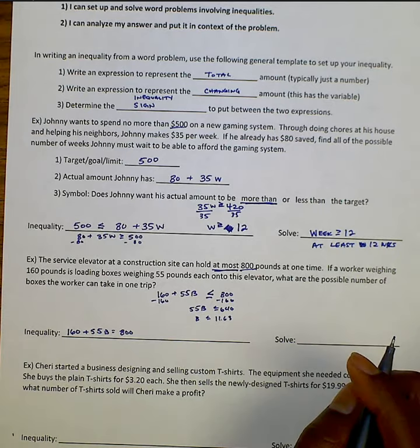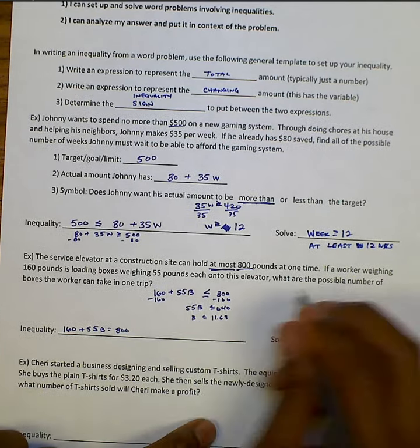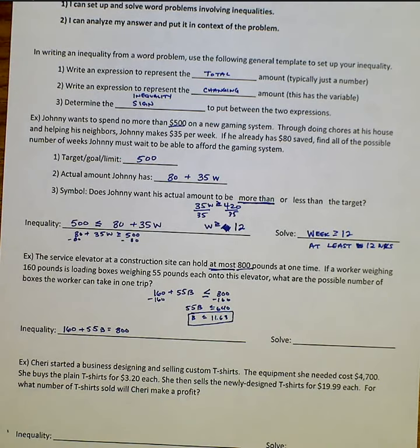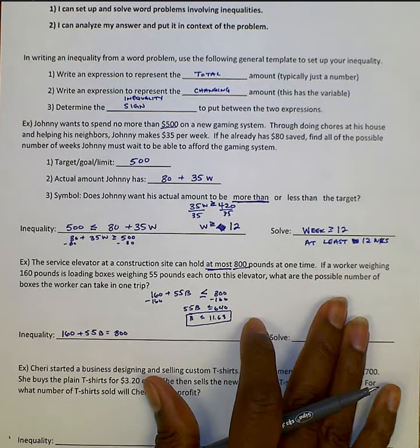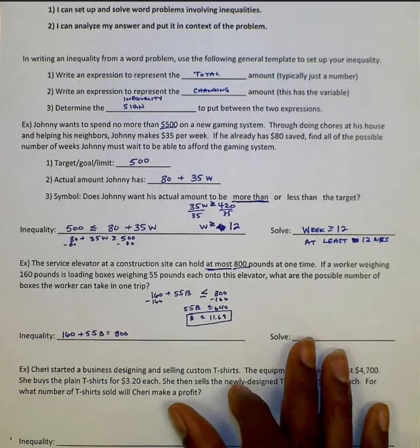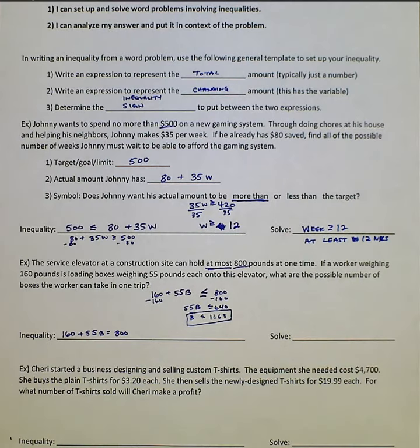Now, even though we solved this and got 11.63, we have to think about it in terms of this problem. If you're working at a place, they're not going to tell you to empty a third of the stuff out of the box so you can take it up. They're going to say, if you can't take up 12 boxes, how many boxes should you take up? 11. Don't dump out my stuff so you can take up another box or half a box.